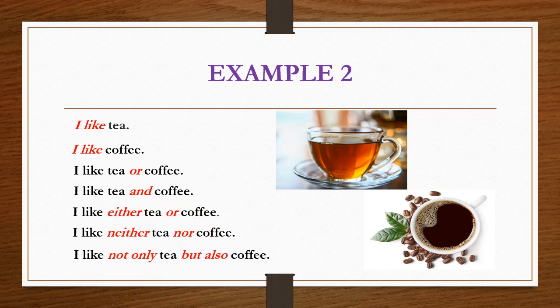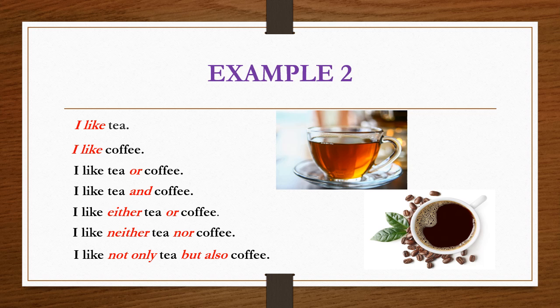I like not only tea but also coffee. So in the last 5 sentences, the words that you can see in red are the joining words that are called conjunctions. So the common words in all the sentences are I like.